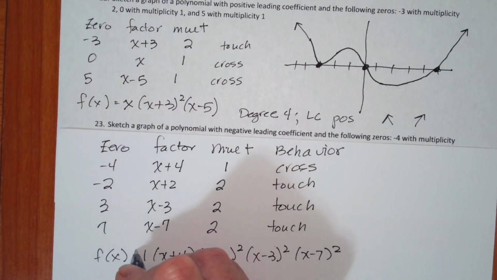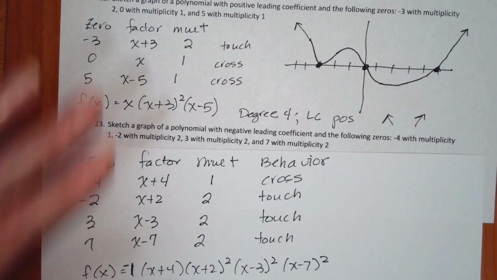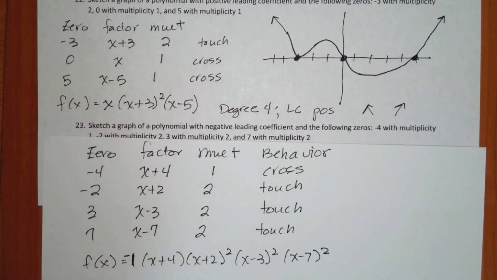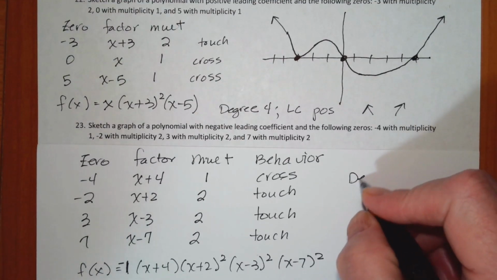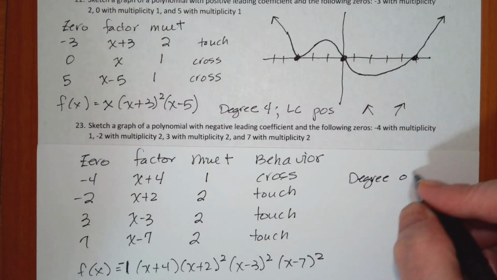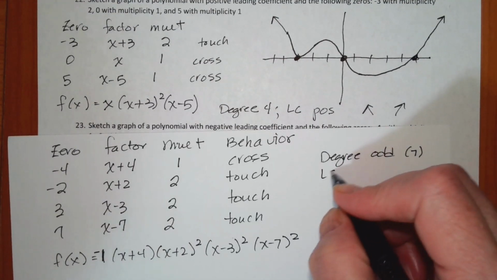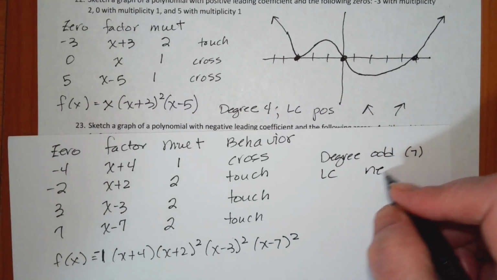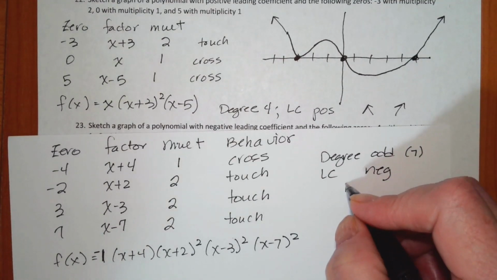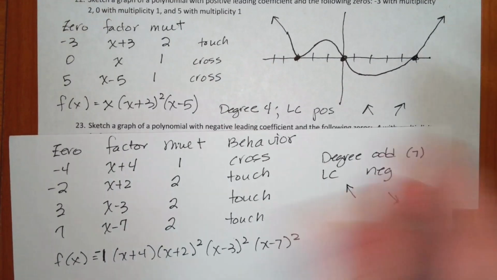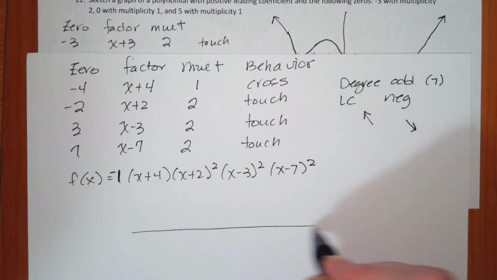Oh, it has a negative leading coefficient, so I'll just have it as -1. I'm sorry, I didn't read that correctly. Okay, so I have a degree, 2, 4, 6, 7. So my degree is odd, and my leading coefficient is negative. What that means is it goes up on the left and down on the right after it does all this stuff in between. So let's see if I can graph this real quickly.